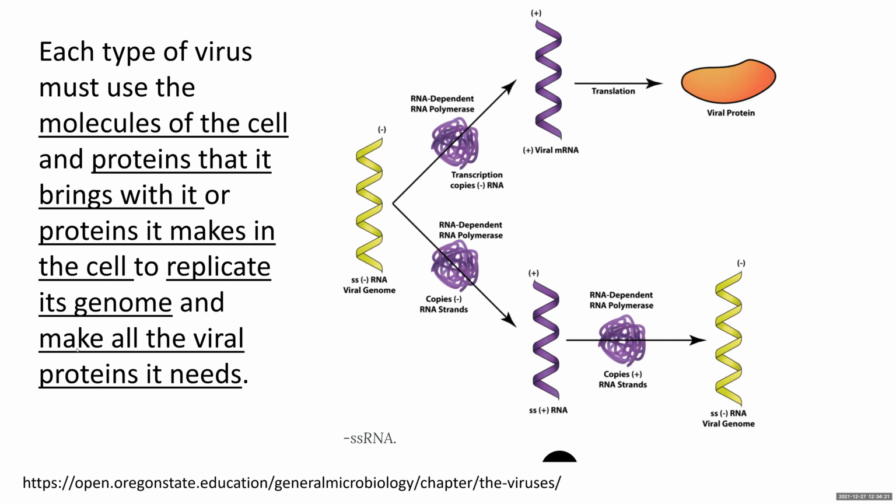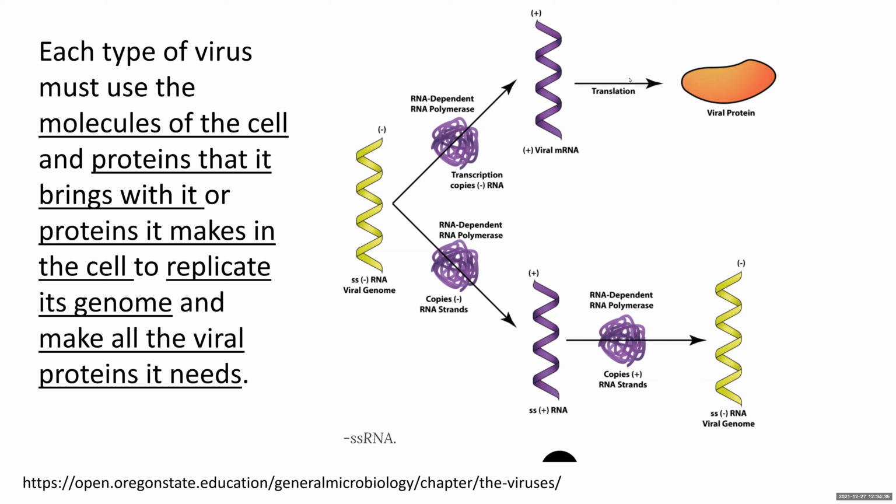Okay, so here we have an example of a single-stranded negative RNA. It's going to be able to transcribe that into the viral messenger RNA, and then that gets translated into the proteins.